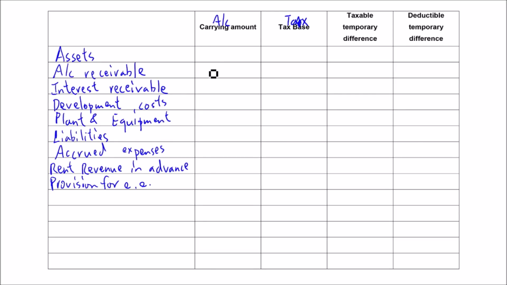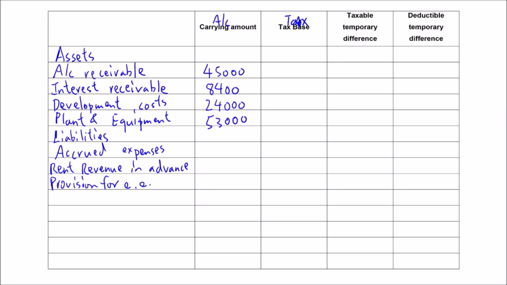So the carry amount would be 45,000 for account receivable, 8,400 for interest receivable, 24,000 for development costs, and 53,000 for plant and equipment. Remember that with development costs and plant and equipment, we need to write down the amounts after accumulated amortization and after accumulated depreciation.